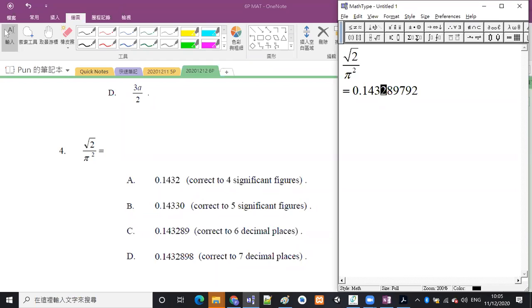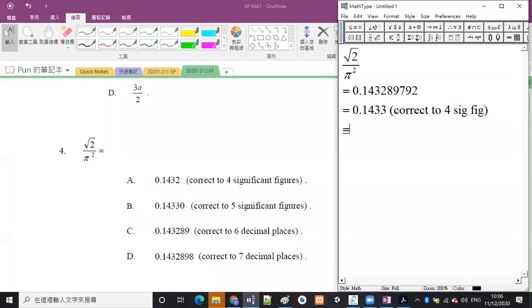The 4th significant figure is 2, but we need to look at the next one to see whether we should round up. The next one is 8, which is larger than 5. So we should add 1. So it should be 0.1433 if it is correct to 4 significant figures. So option A is not correct.